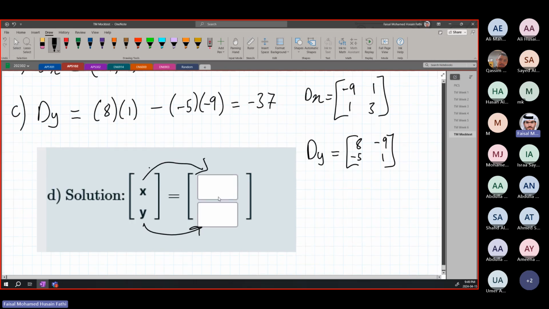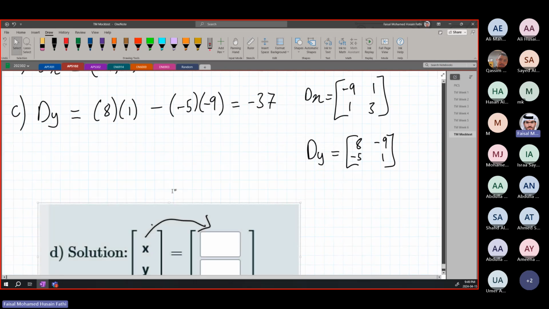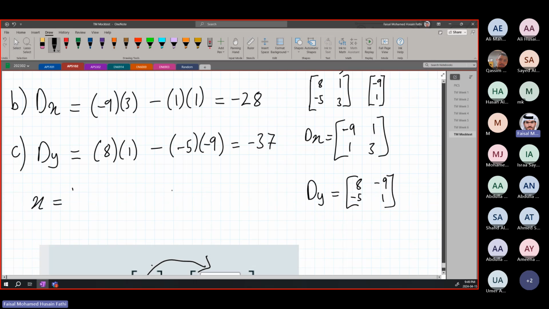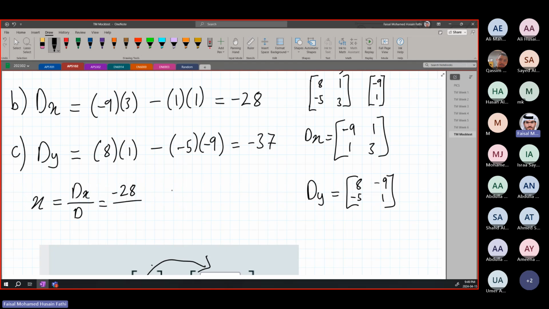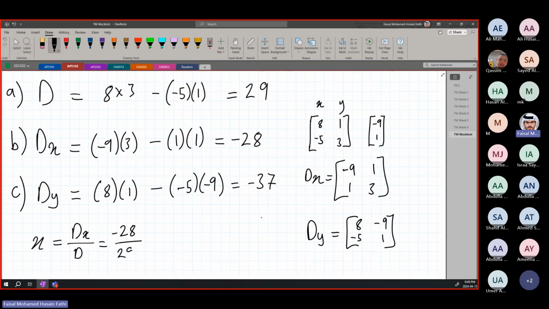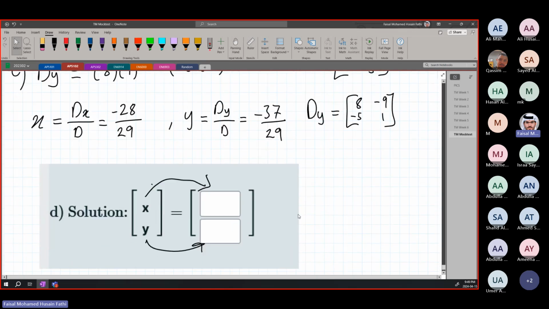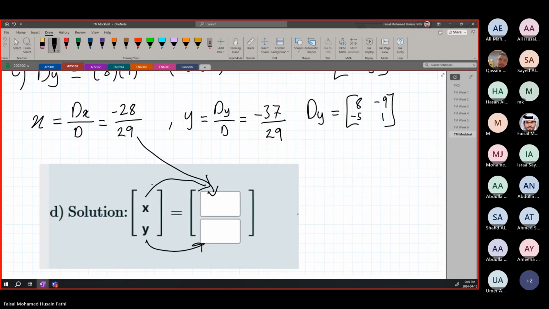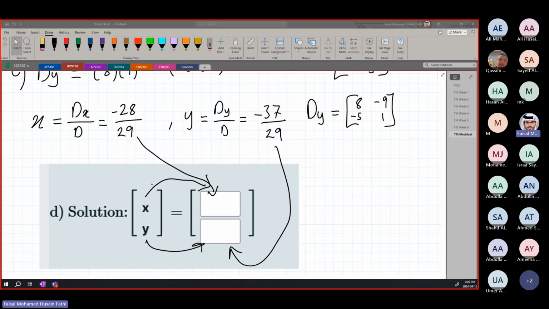Remember that x is equal to dx by d, so it's equal to -28 over the determinant we found earlier, which is 29, and y is equal to dy by d, which is equal to -37 divided by 29. And that will be your answer. All right, so this is your x, and this is your y. That's it. And that's the mock test.